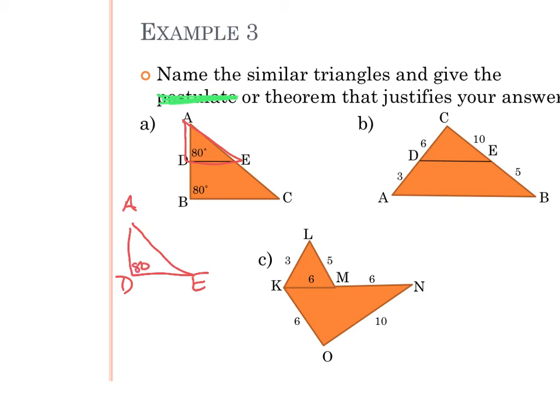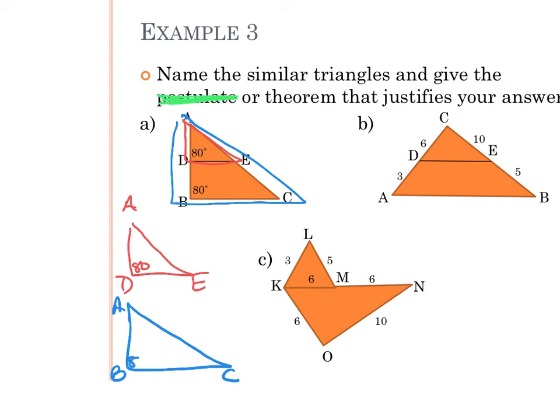And then I'm also going to compare it to see if it's similar to the ABC triangle. And this angle down here is also 80 degrees. Now, as you can see, when there's a triangle inside a triangle, they're going to share an angle. So this angle A up at the tippy top is the same in both.